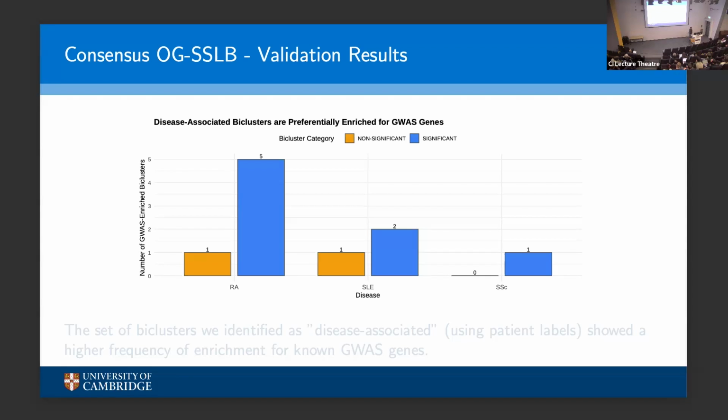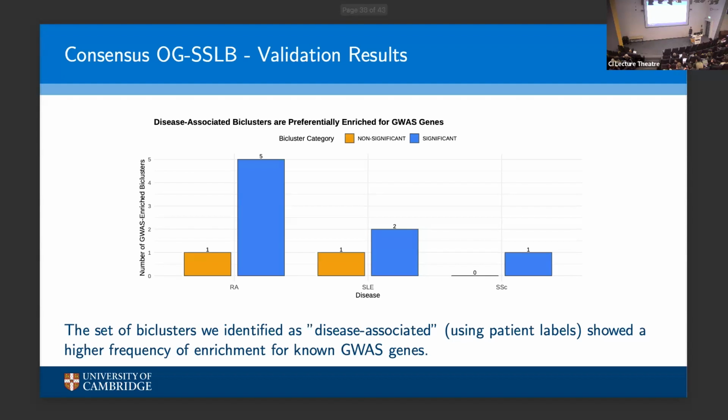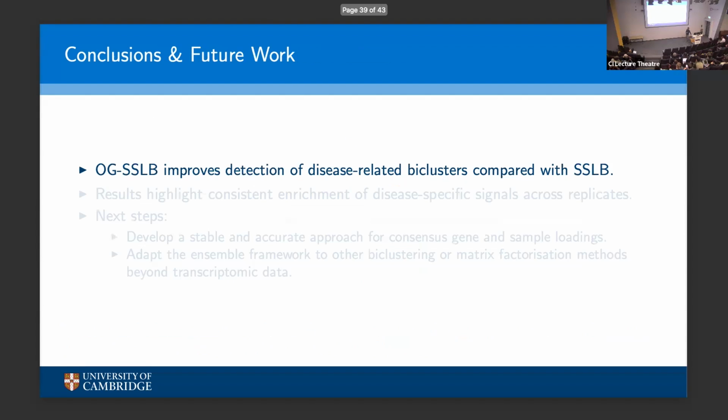So this is evidence that the set of biclusters that we identify as disease associated show a high frequency of enrichment for these GWAS genes. So this is what we've done so far.